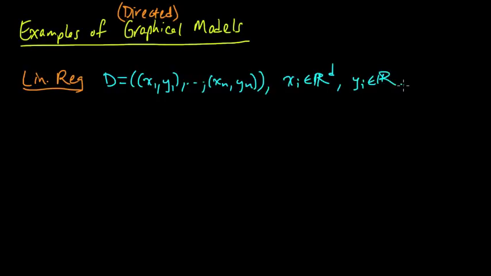Our goal is to model these data and come up with a function. So we want to come up with a function f of x to predict new values, and the form of the function under linear regression is w transpose phi of x, where phi is some vector of basis functions and w is some weight vector.